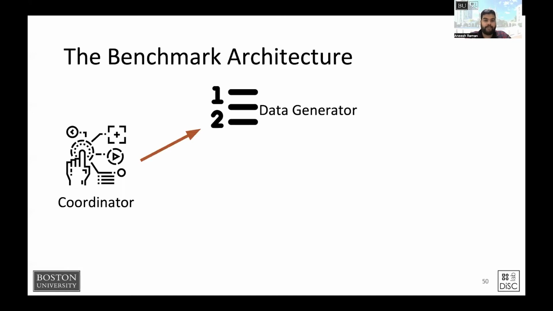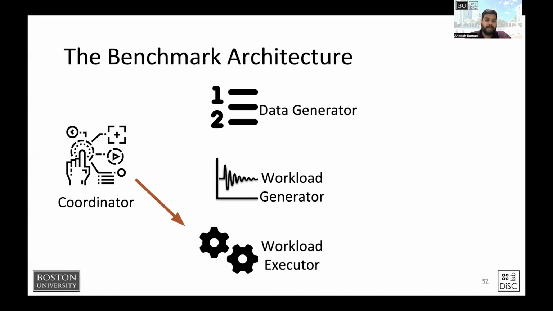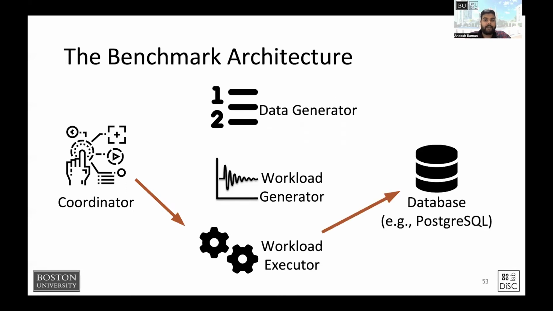It first calls the data generator to create a data collection. The data collection is then parsed through a workload generator that creates the different workload files based on the workloads that we just discussed. Every workload file is then fed into a workload executor that executes them on a database of the user's choice and measures the execution time.